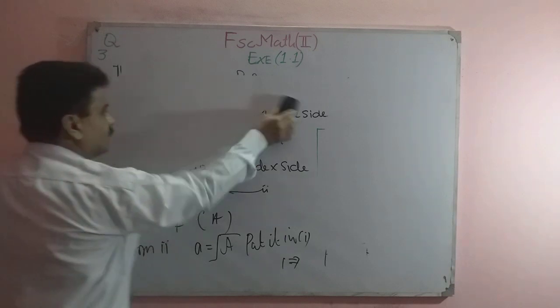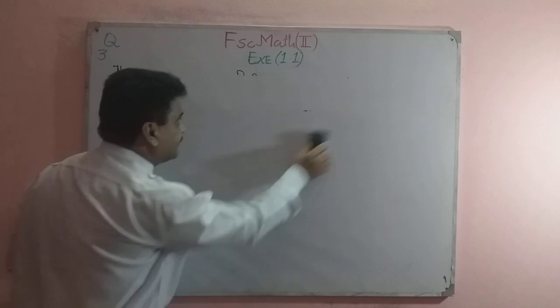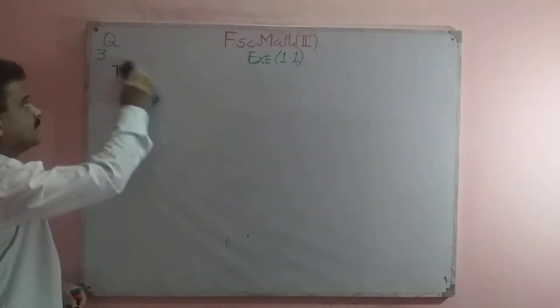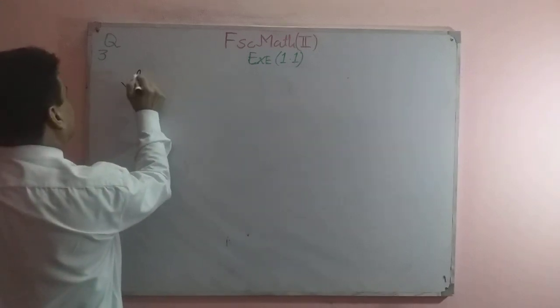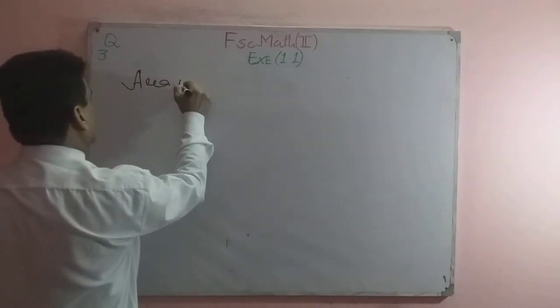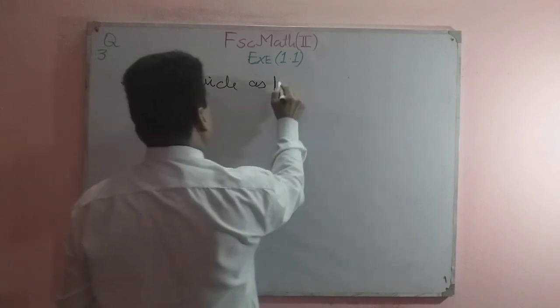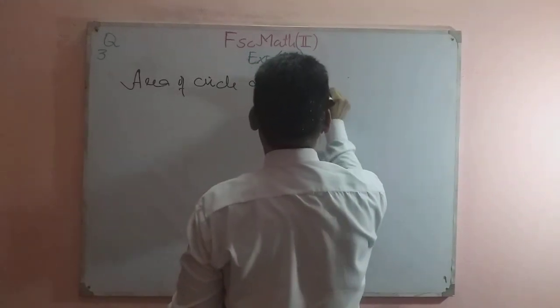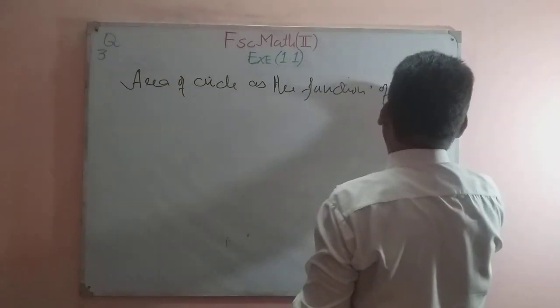In the second part, we have to show that the area of a circle is a function of its circumference.